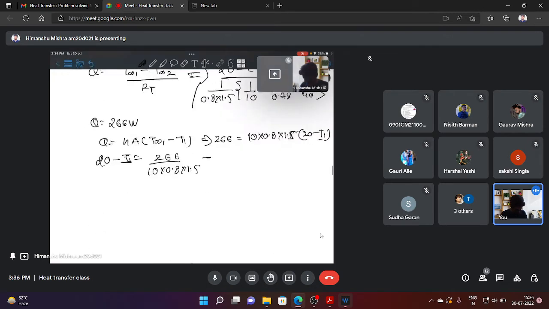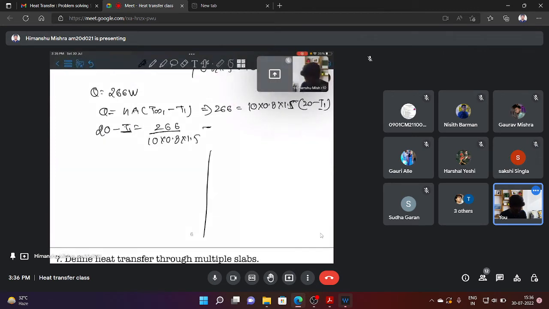The heat transfer will be the same in all three regions. So it will be just Q equals H3 A times T2 minus minus 10.